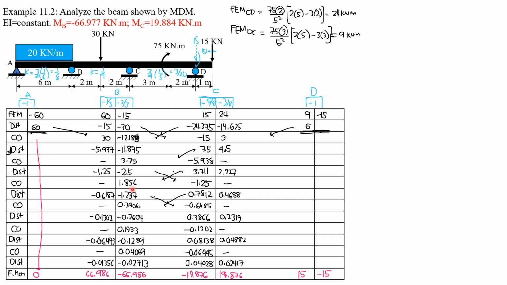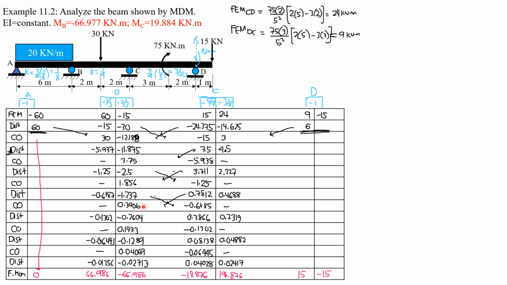Then distribute. 1.856 times negative 1/3, negative 0.6187. Then here 1.856 times negative 2/3, negative 1.237. Negative 1.25 times negative 5/8, positive 0.7812, negative 1.25 times negative 3/8, so we have 0.4688. Carry over next, none. Half of 0.7812 is 0.3906. Half of negative 1.237 is negative 0.6185, and no value here.